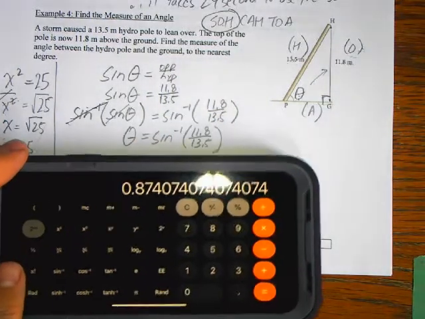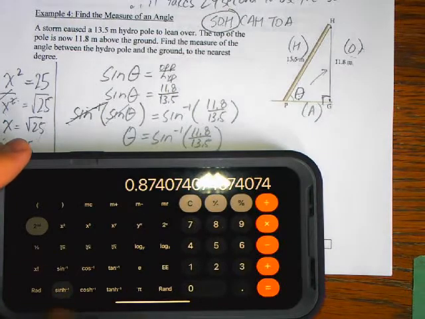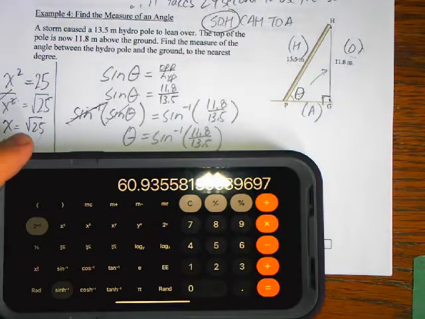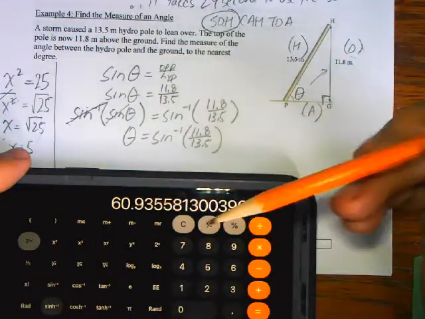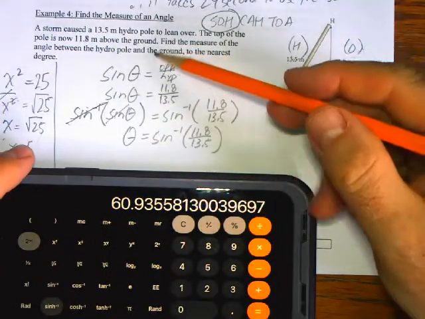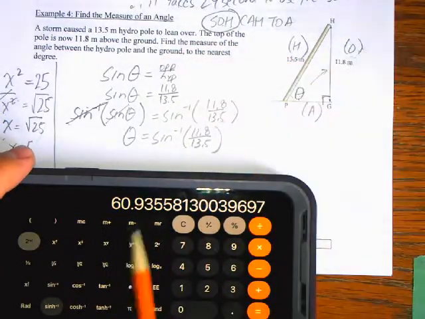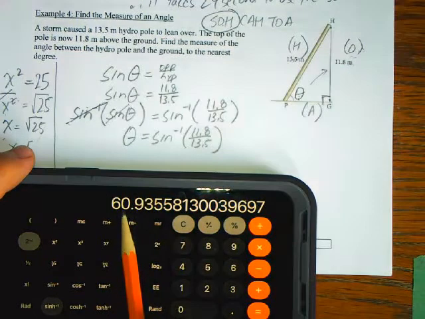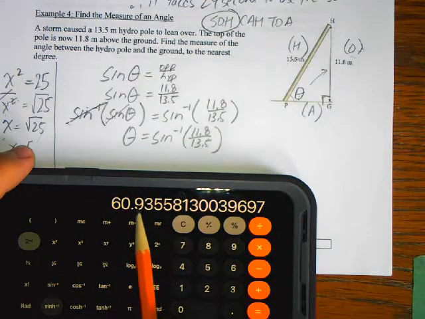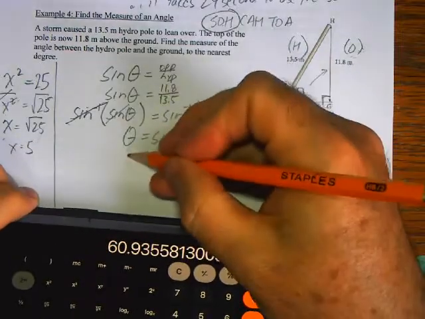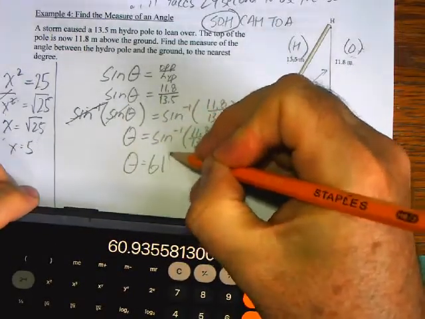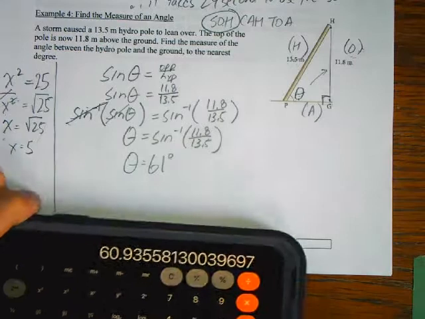So now I just press the sine inverse, and I get what looks like a reasonable angle, 60.9, and it says rounded to the nearest degree, so it's either 60 or 61. It's going to be 61 because that's a 0.9, so theta equals 61 degrees. Okay, and then I've done all the math work.